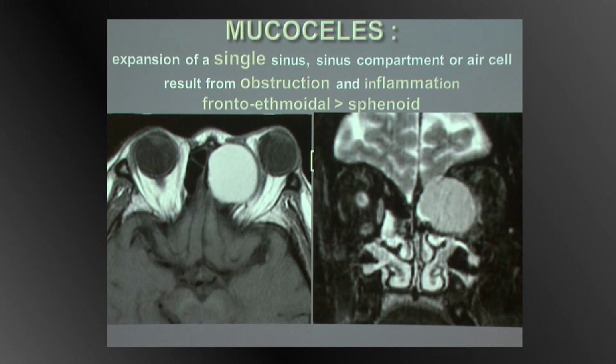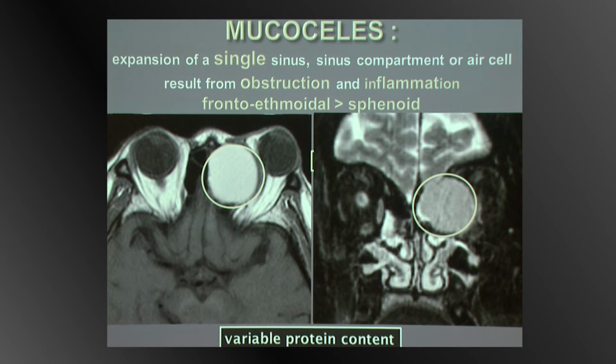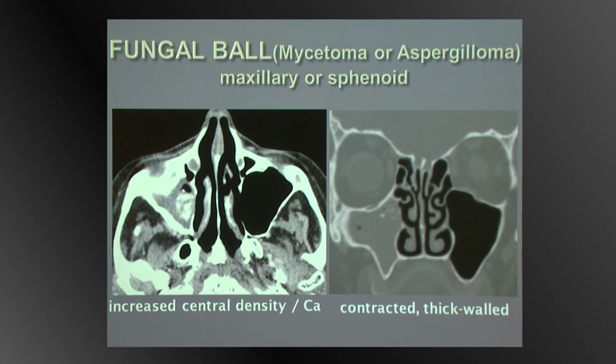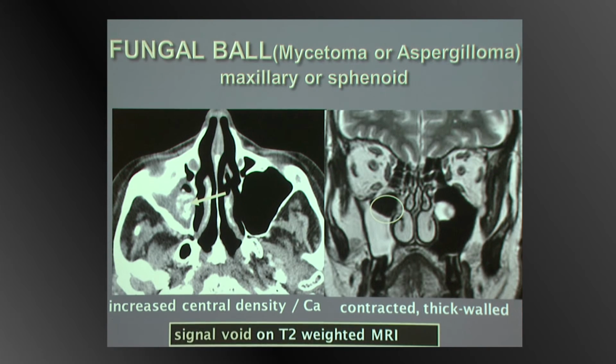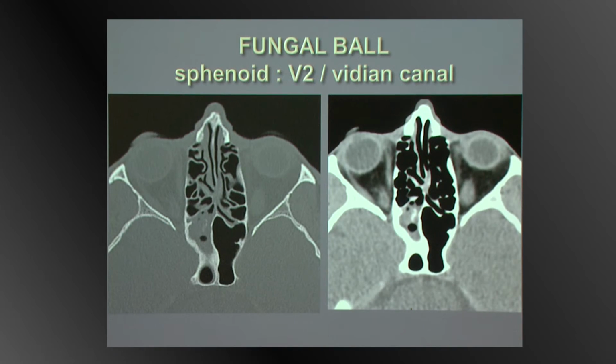Another one with proteinaceous fluid. Look at the compression of the orbital contents and the globe. Fungal balls, mycetomas. Contracted thick-walled sinus. Remember, maxillary and sphenoid contract and have thick walls. The signal void. Another one. Fungal ball.